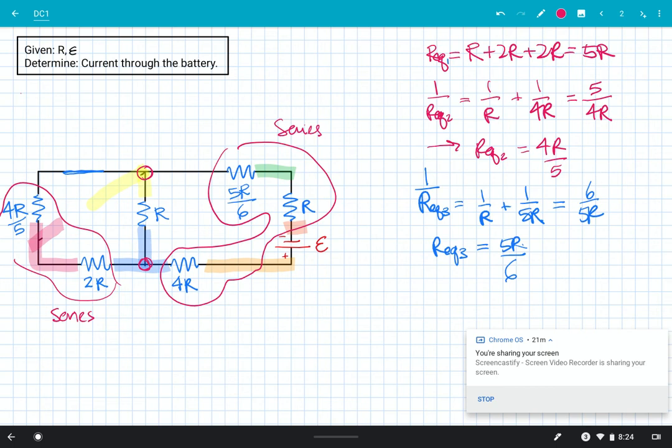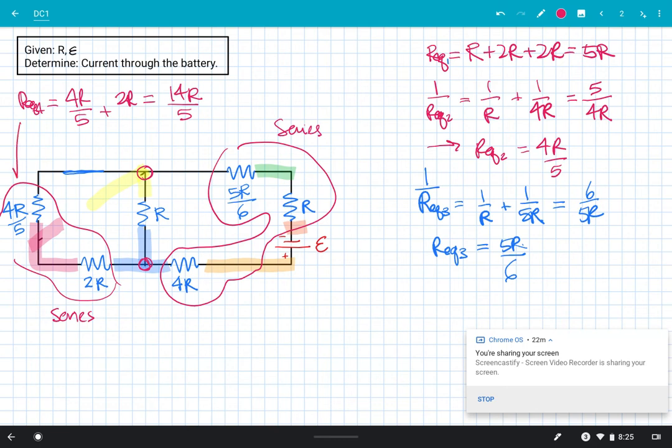I'll call this one R equivalent 4, and that would be equal to 4R over 5 plus 2R. So take a moment. That's 14R over 5. So that's going to be those two guys. And then the other series, we're just summing those there.